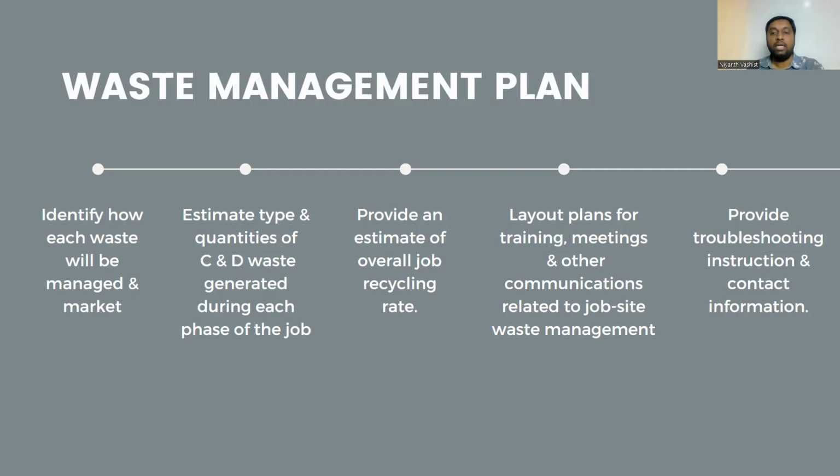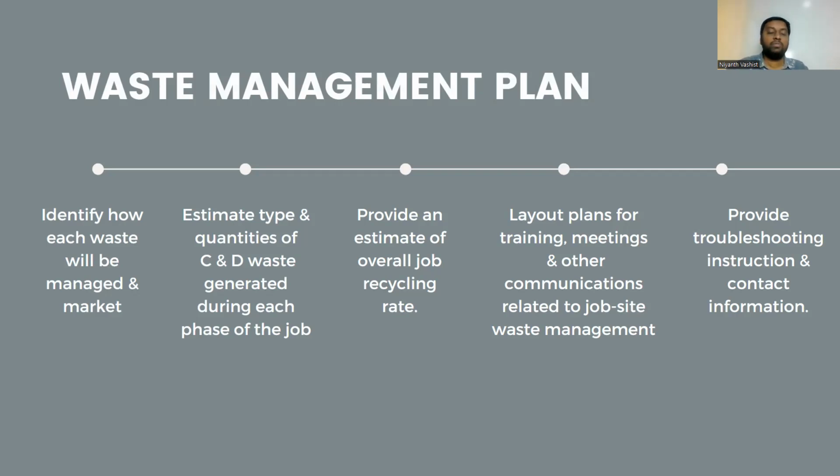The next, or the last, step in the waste management plan will be to provide troubleshooting and instruction. When we talk about troubleshooting, that means once you have a project, you can assume what kind of waste will occur in the next project because of your experience. That will be something that needs to be provided.